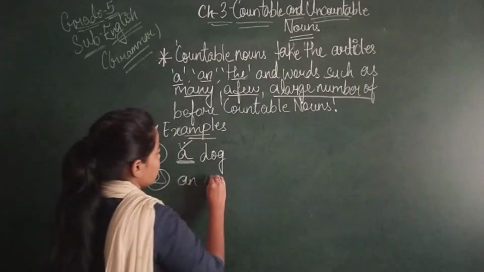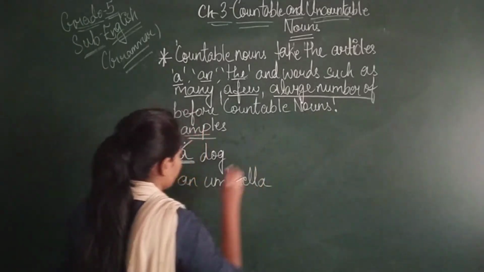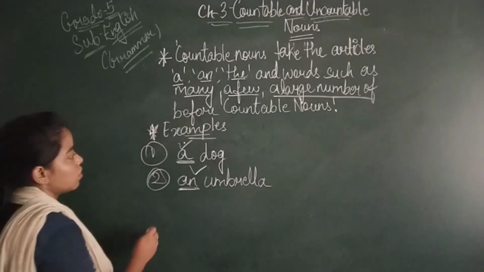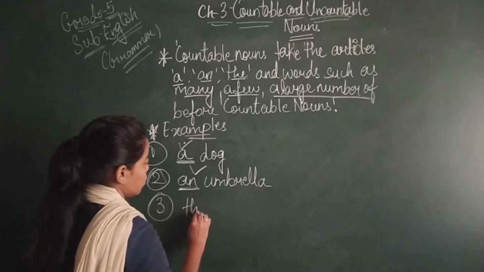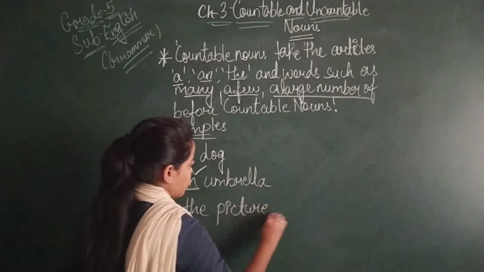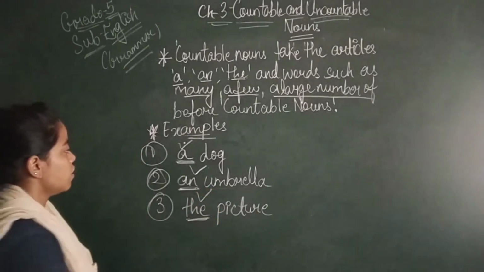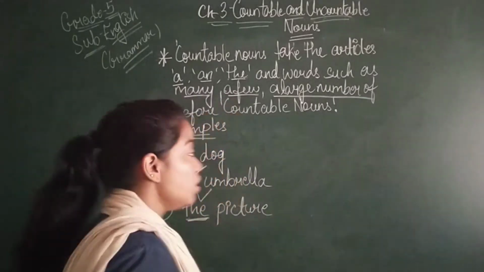Then an umbrella. Again the article an is being used. Third, the picture. So the is again the article which is being used. Next, many potatoes.